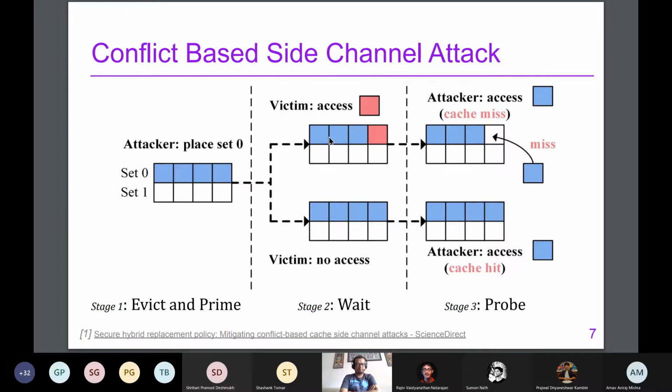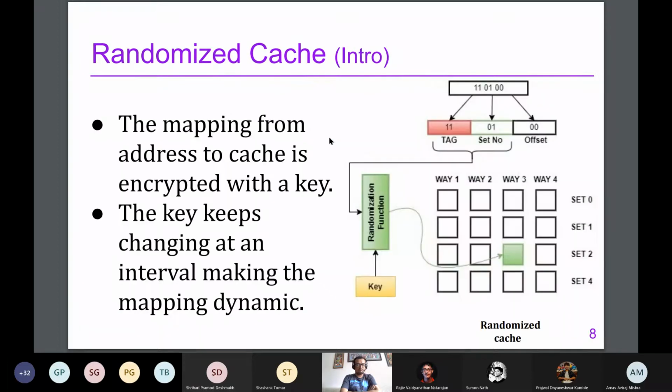Based on these timings and other things, we can infer certain results. To remove this dependency on static assignment, a randomized cache has been introduced. So here, as you can see, instead of directly mapping the set number to the cache, a randomized function based on a key maps your address to a specific cache block.